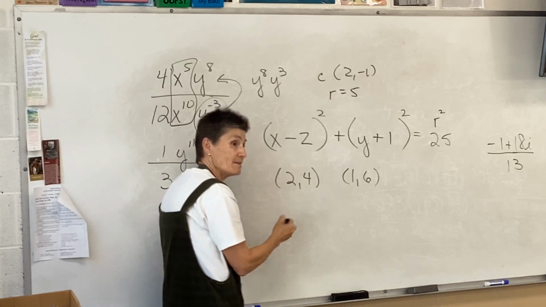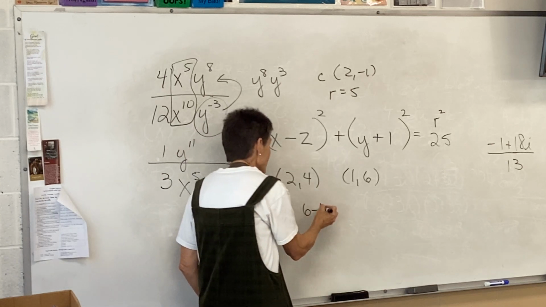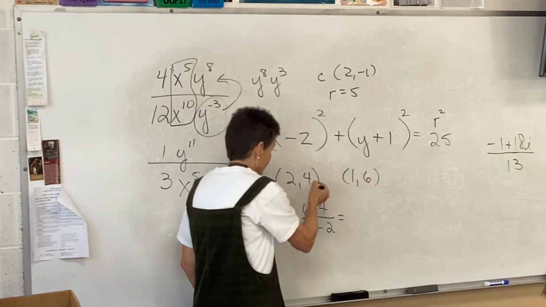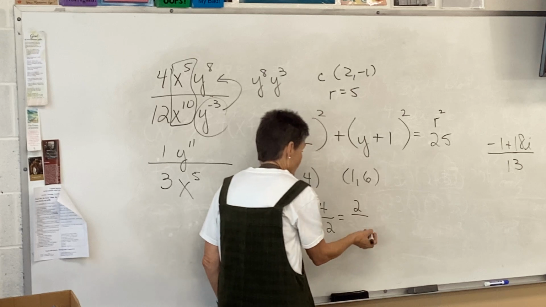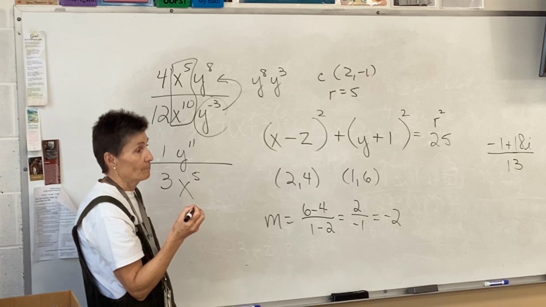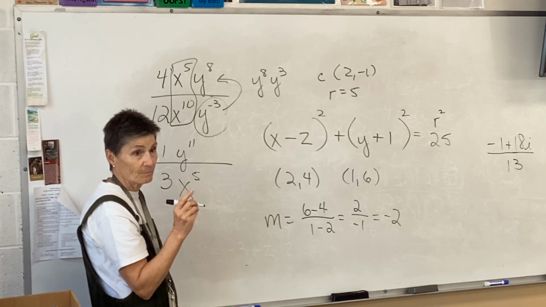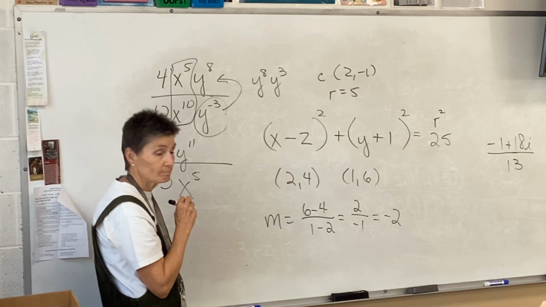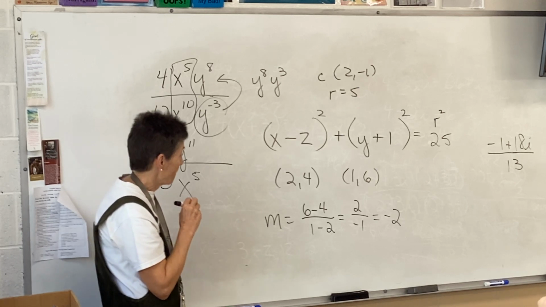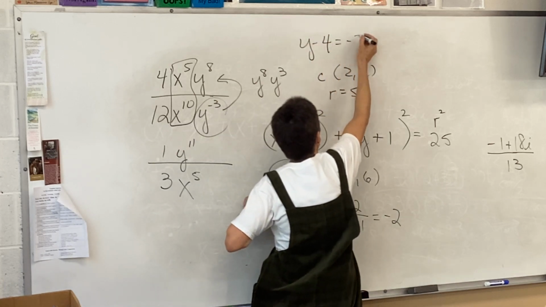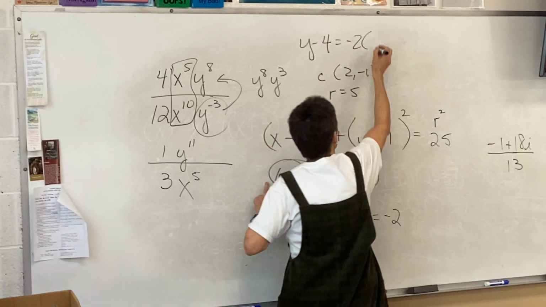So, I'm finding the slope. So, 6 minus 4 over 1 minus 2, so -2. All right, that's step 1. Okay. Jade, what's step 2? We plug in -2 for the slope, so it would be y minus 4 equals -2, and then in parentheses x minus 2.